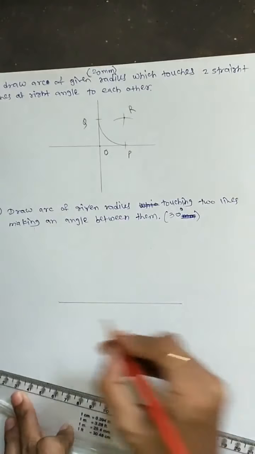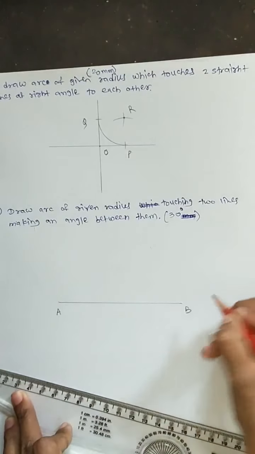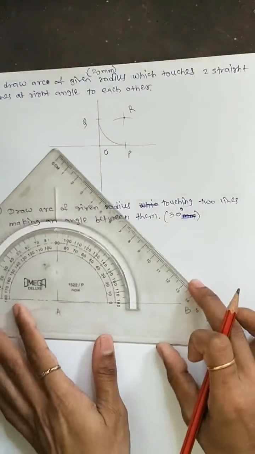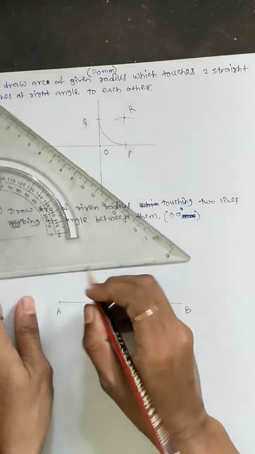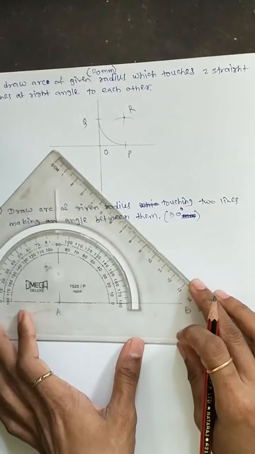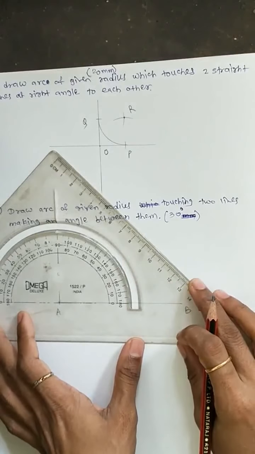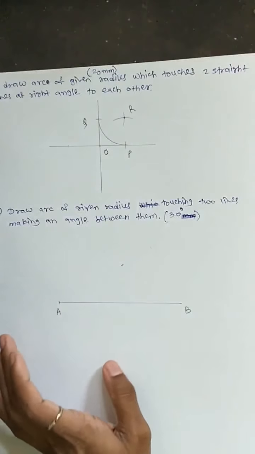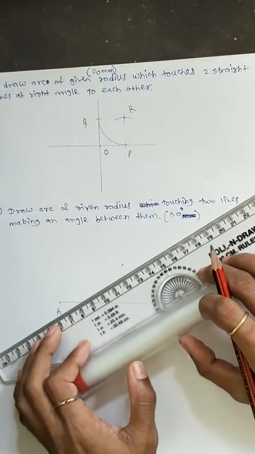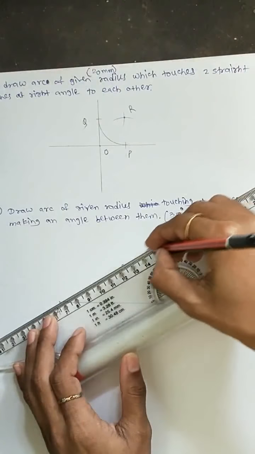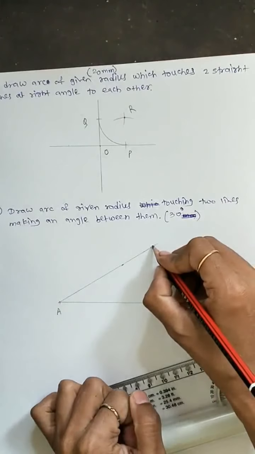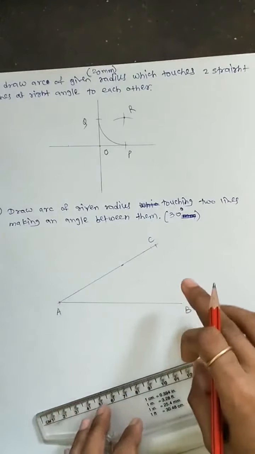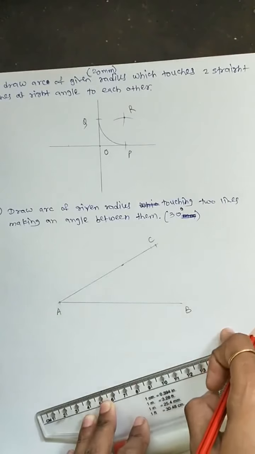So give name to this line as A and B. Now measure 30 degree angle from point A, this is 30 degree angle, and join A point to this point and give name to this point as point C. So angle CAB is 30 degree.